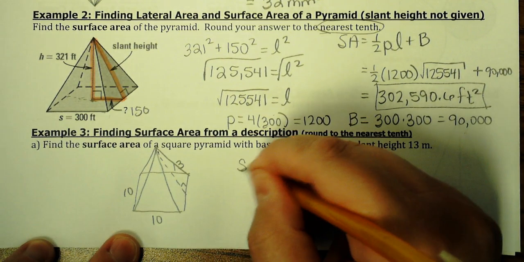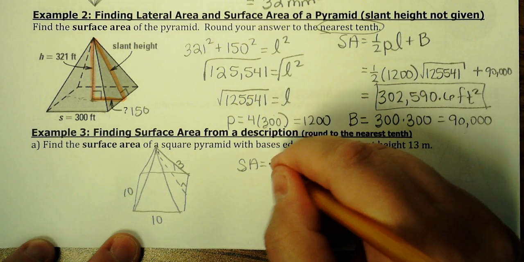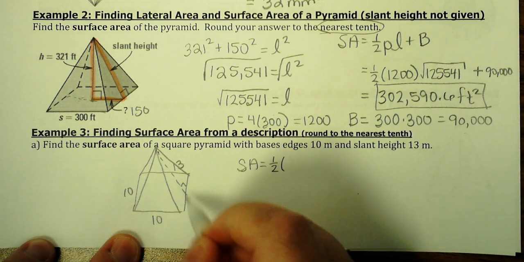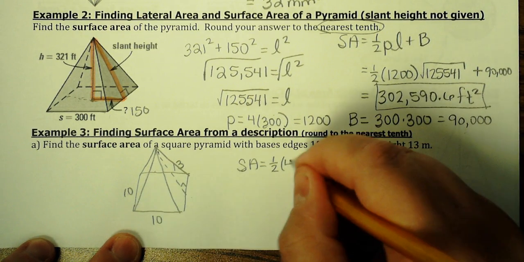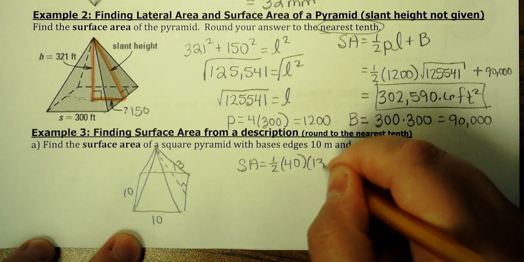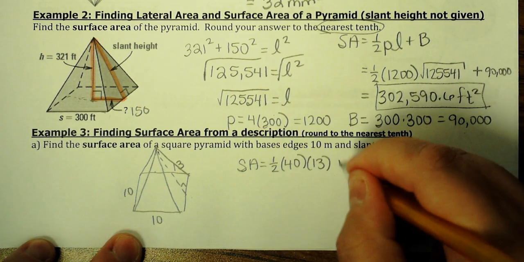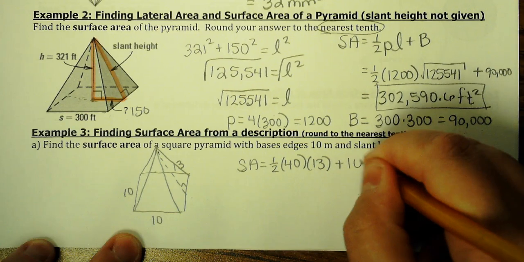So your surface area, remember, it's all those 4 triangular faces. So 1/2 perimeter of the base, each of the sides is 10, so it would be 10, 10, 10, 10, so it would be 40. And then the slant height is the height of each one of those triangles. So that first part is all those triangles. And then area of the base is just base times height, length times width, 10 times 10, that's 100.